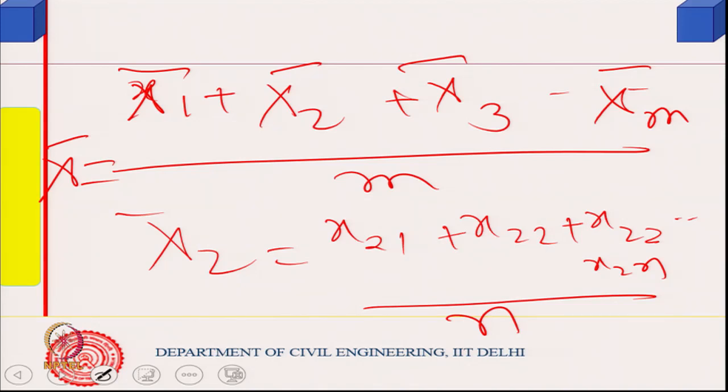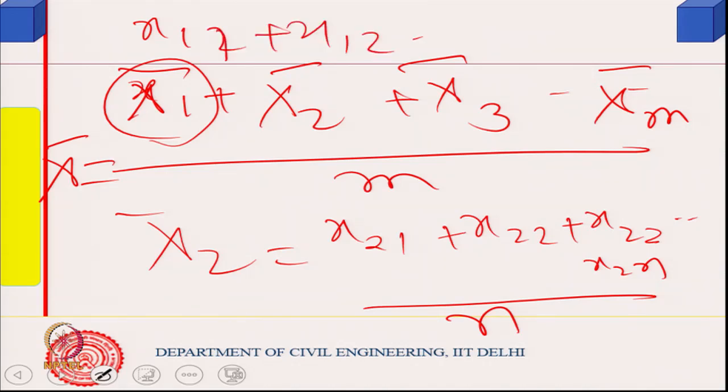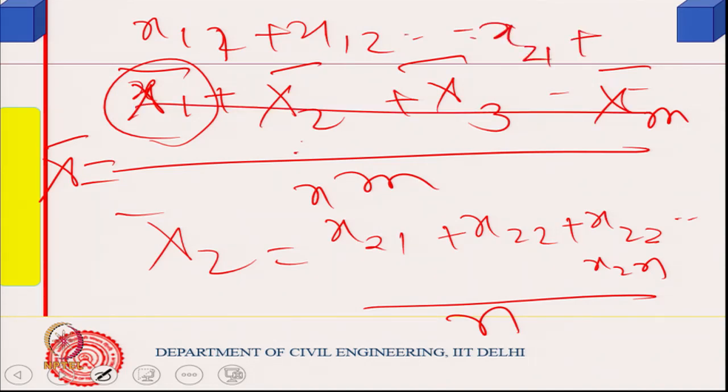Now, this can be expanded, and what would it be? It would be x11 plus x12 etc., divided by n, plus x21, x22, x23 etc., plus x2n divided by n, and so on up to xm1 plus xm2 etc., and this will be divided by n into m.